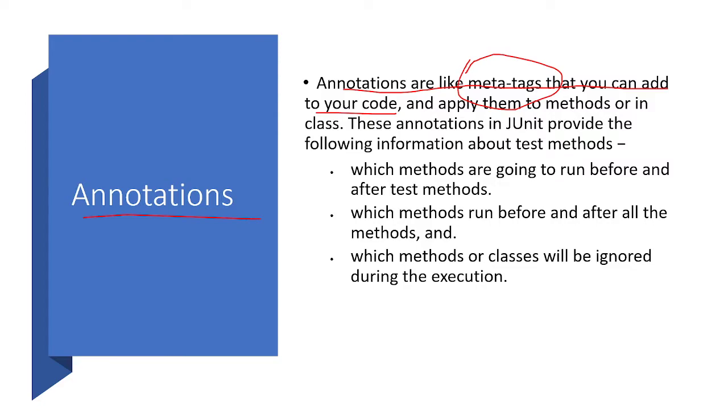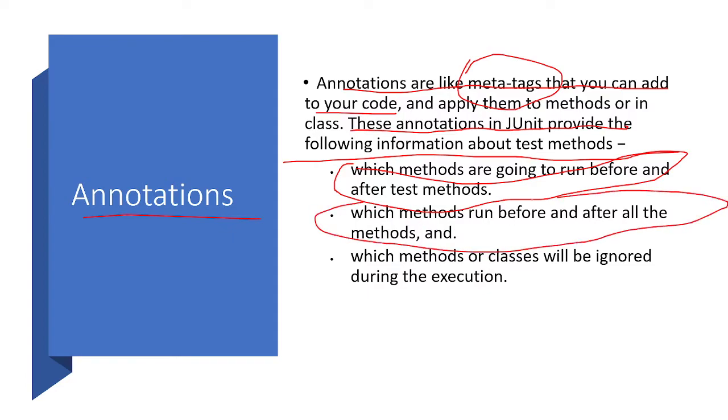You can apply them to methods or classes. These annotations in JUnit provide the following information about test methods: which methods are going to run before and after the test methods, which methods run before and after all the methods, and which methods or classes will be ignored during execution.